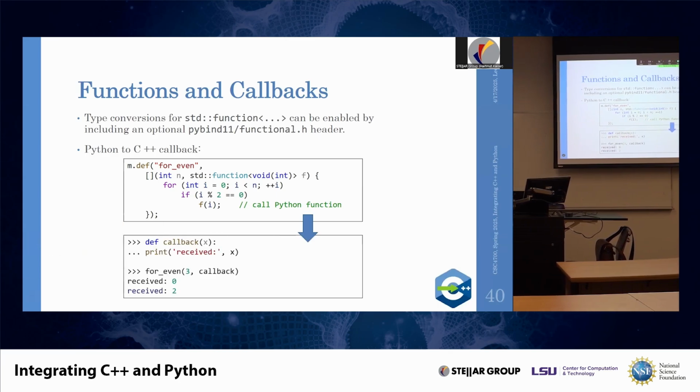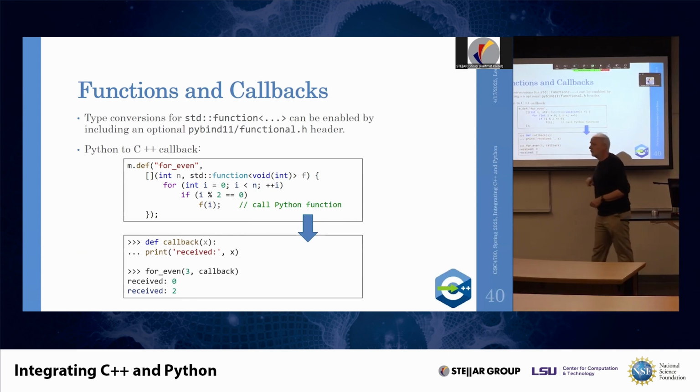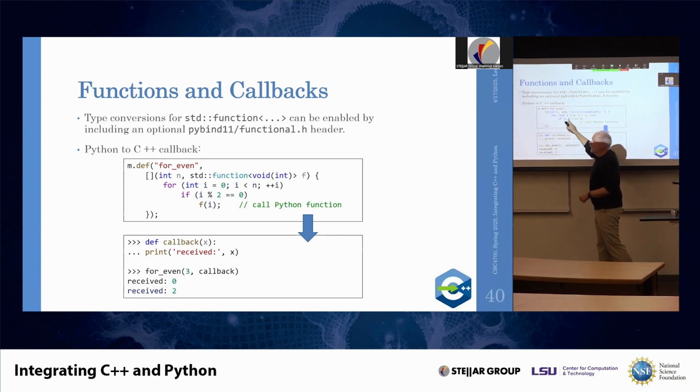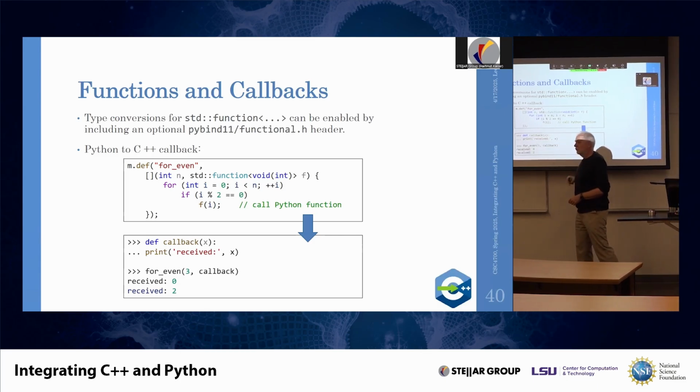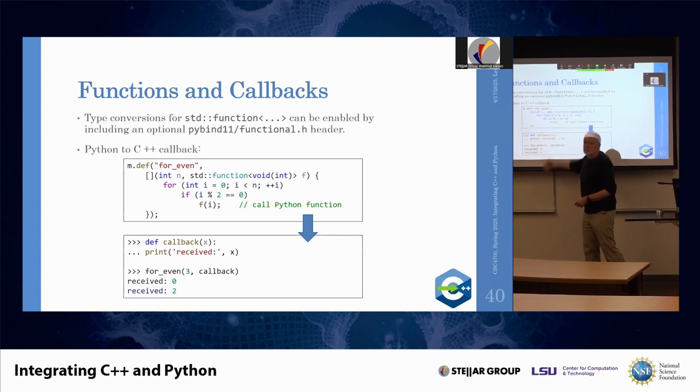So if I have a callback which just prints whatever it gets, I can pass that callback to my C++ side of things, and that will invoke that Python function for us while iterating over it. As you see, it prints the even numbers.